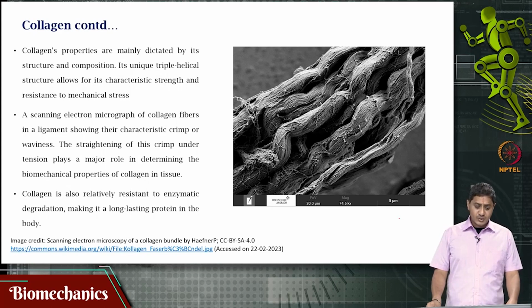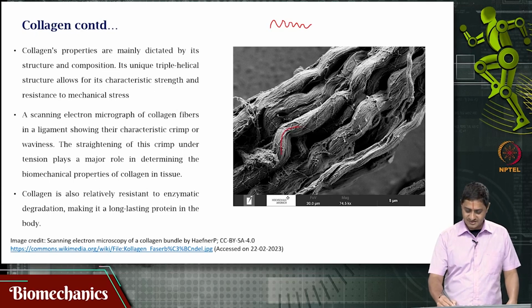So, likewise for collagen also the properties are determined by structure and composition. It has a unique triple helical structure that allows it the unique characteristic strength and resistance to mechanical stress, right. So, what is presented here is an electron micrograph of collagen fibers in a ligament. And you can see their characteristic waviness, right, crimp.